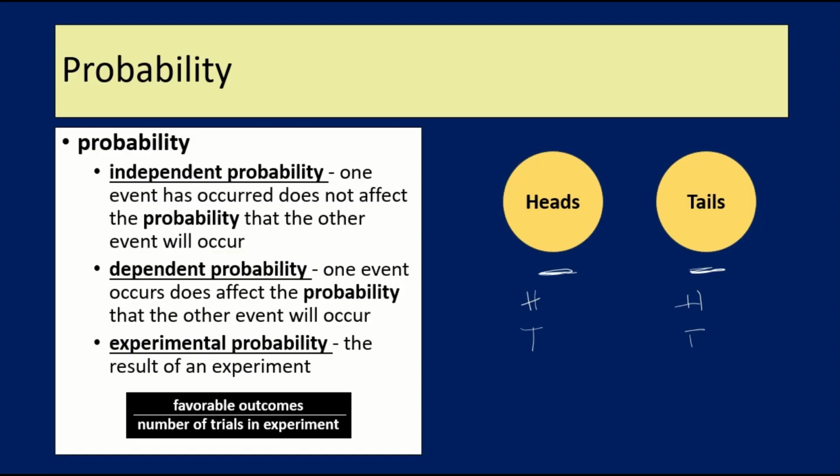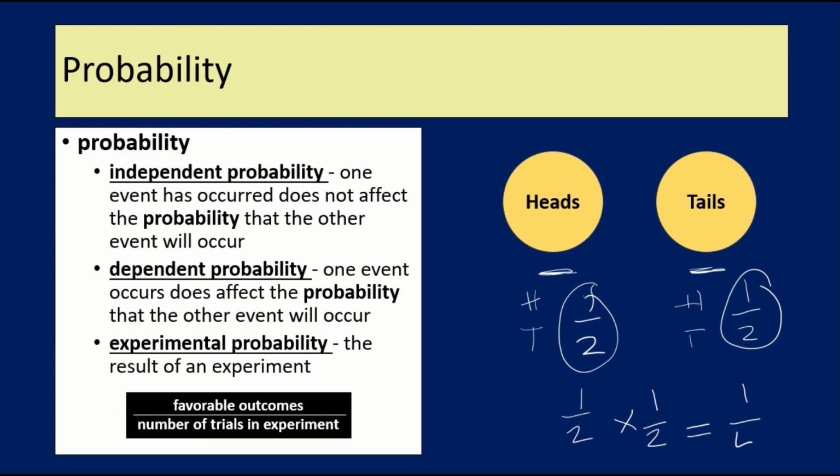But what we know and what we like about coins is that you basically have a 50% chance, right? It's 1 out of 2. So if the question is asking me what is the likelihood that they will both land on heads, well, I know it's 1 out of 2 here, right? I got a 1 out of 2 chance here, and I have a 1 out of 2 chance here. So what I need to do now, because it's no longer a single event, I'm going to multiply both of these together in order to get my answer.